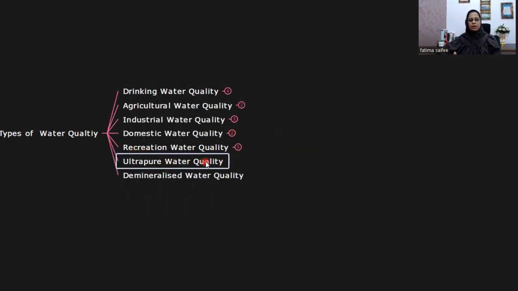Ultra pure water quality is normally used in very specific industries where there should be no impurities at all, because there are criteria where we have to use this water. Demineralized water quality is also used, especially in laboratory testing and many other industries where you don't want any minerals.